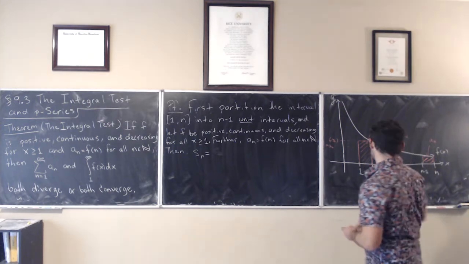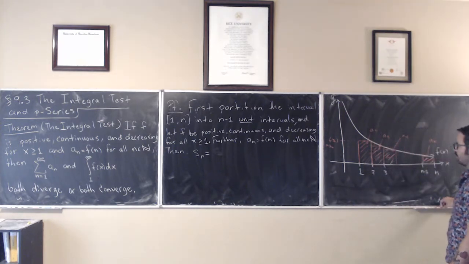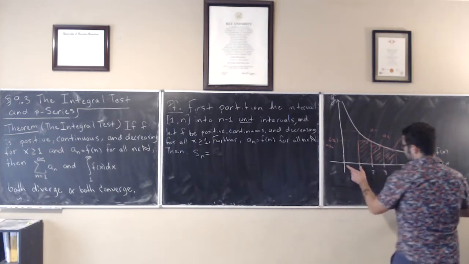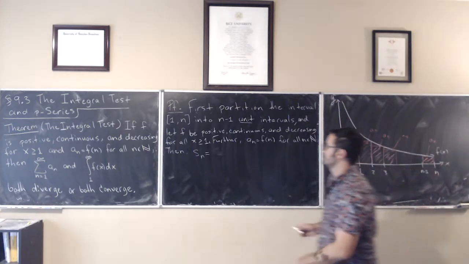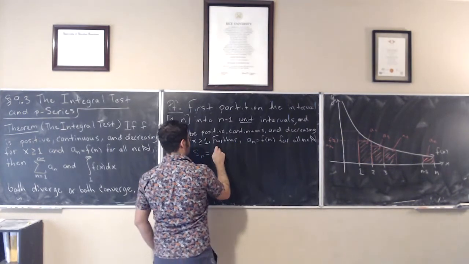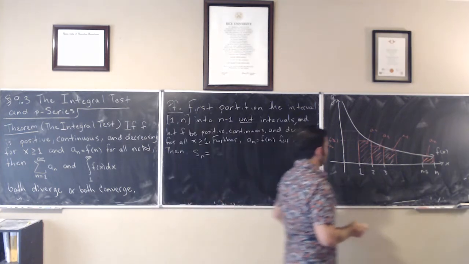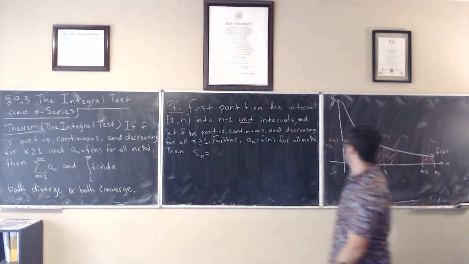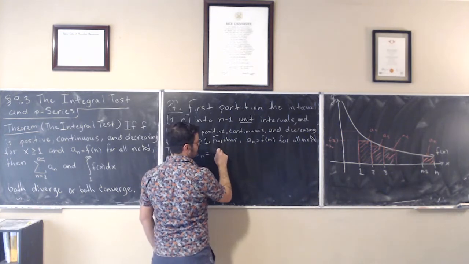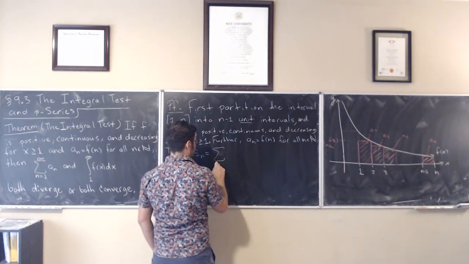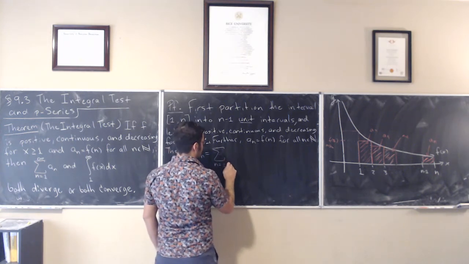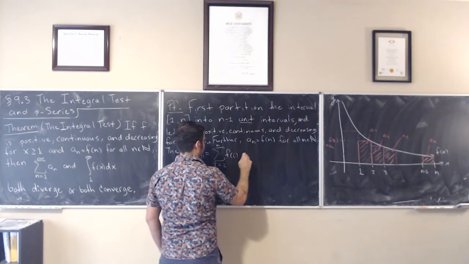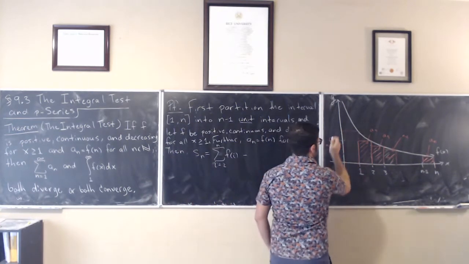But here f sub 1 is not included, so this is equal to the sum from i equal to 2 to n of f sub i, and then minus f sub 1.